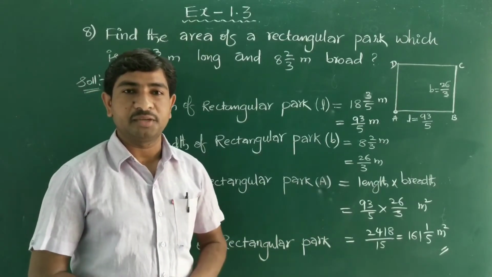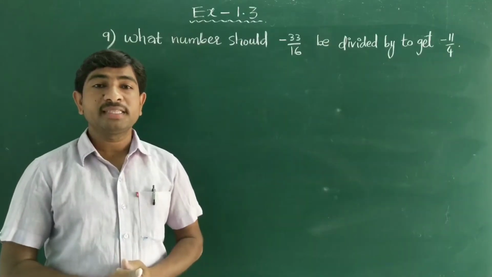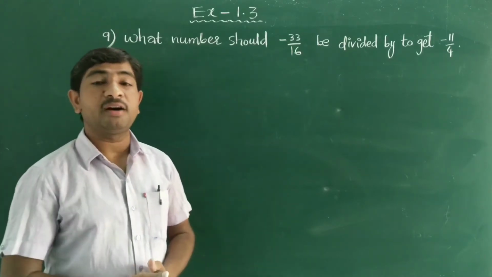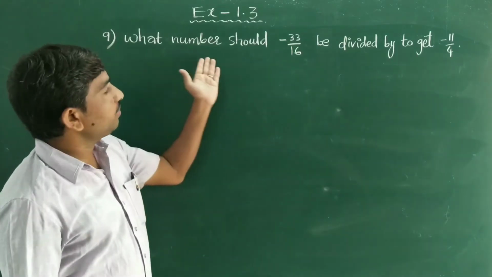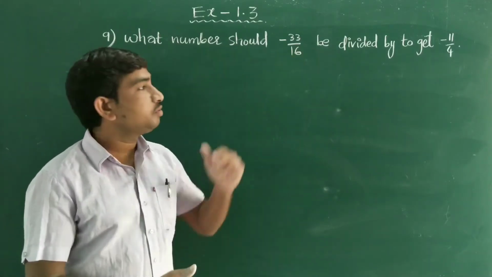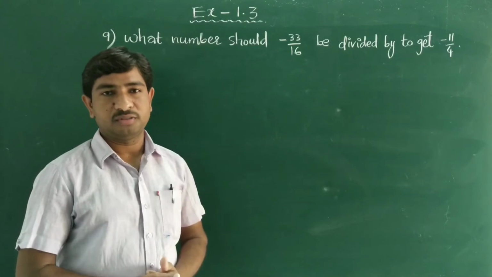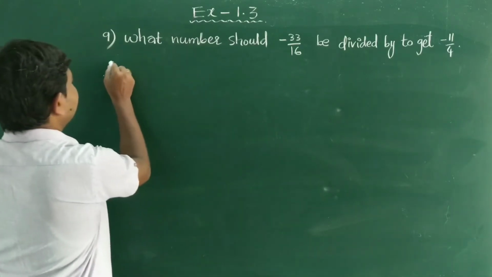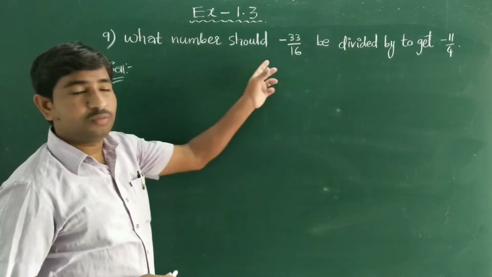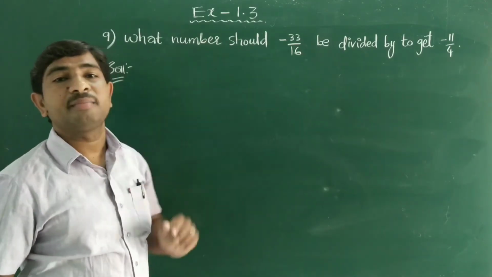Okay, thank you. Now let us see the 9th problem of exercise 1.3 of 8th class. What number should minus 33/16 be divided by to get minus 11/4? What number should it be means, let that number be x.